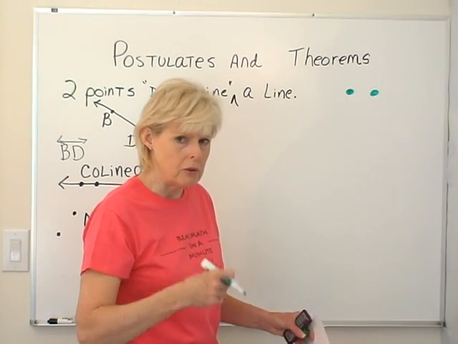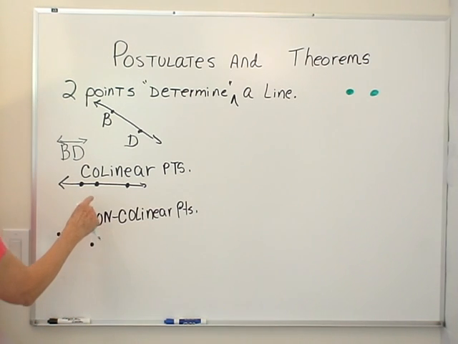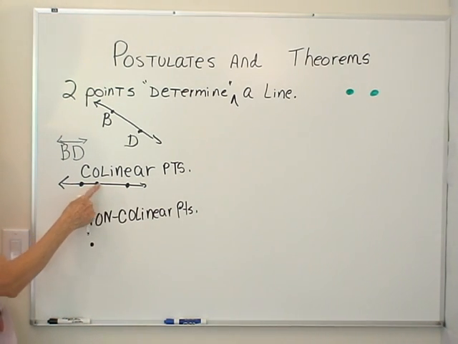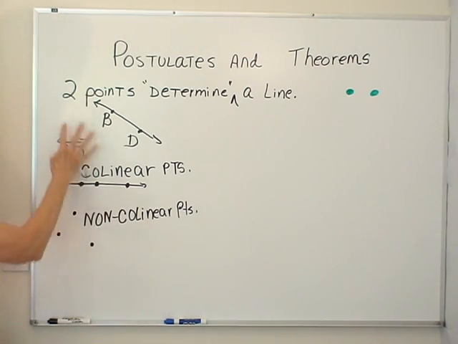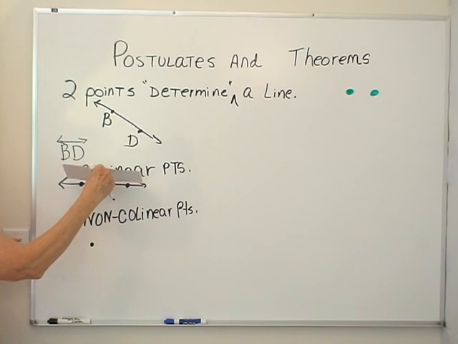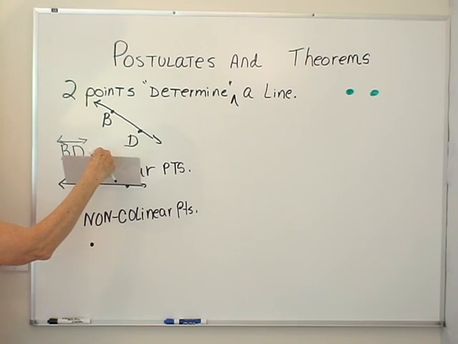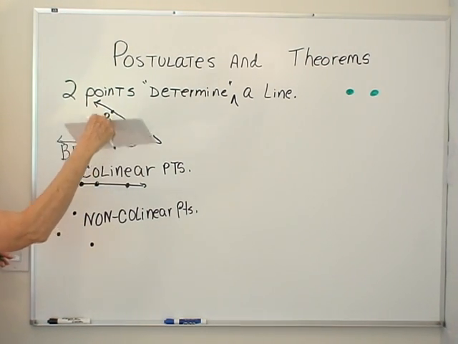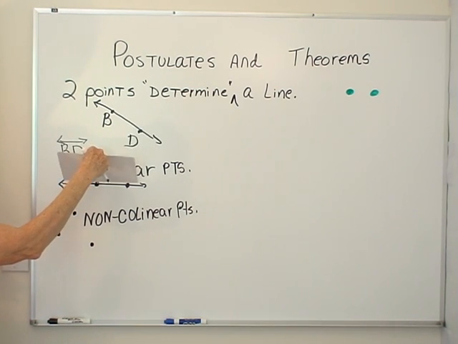If I had 3 points, let's look back over here. If I have these 3 collinear points, 3 points in a straight line, they are in the flat plane of the board for sure. But here's another plane that this plane right here, represented by this piece of paper, will slice right through those 3 points and contain all of them.